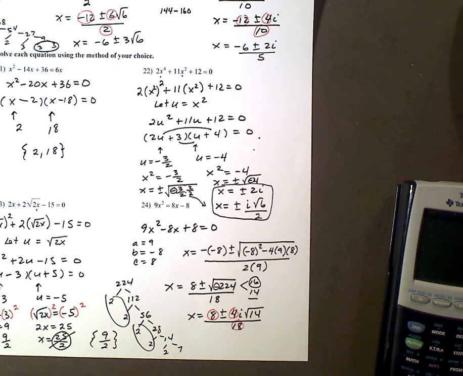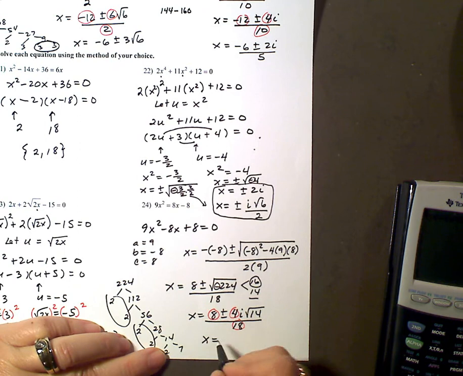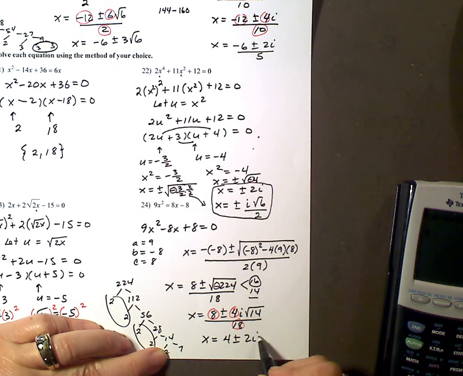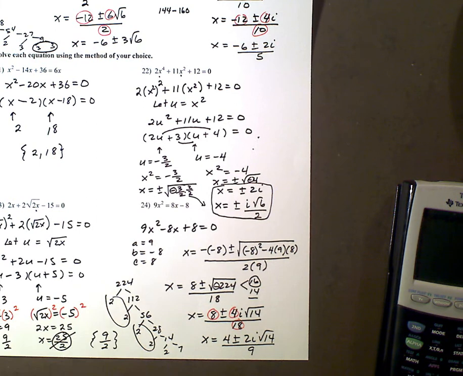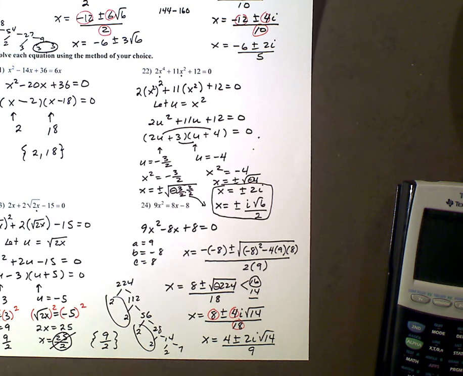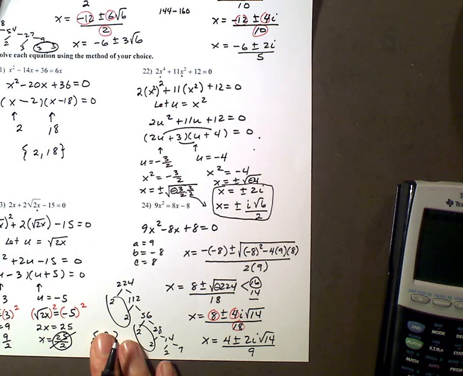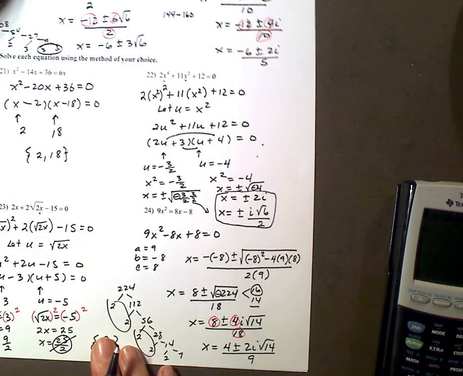So if I factor that out, I get x is equal to 4 plus or minus 2i root 14 all over 9. And I'm checking my answer, and I guess that is correct. 4 plus 2i root 14 over 9 and 4 minus 2i root 14 over 9. Kind of a messy, messy problem. Okay, so moving along.